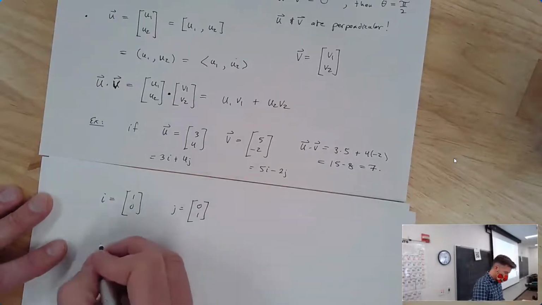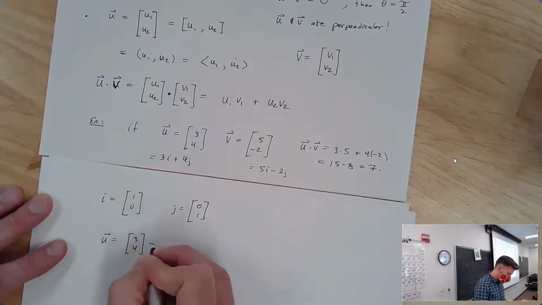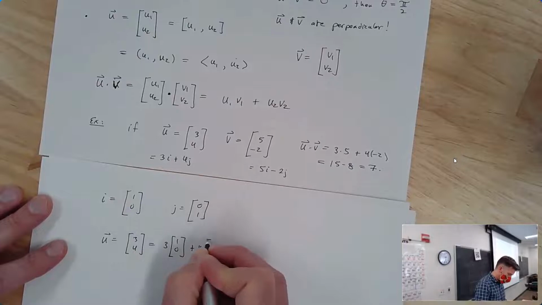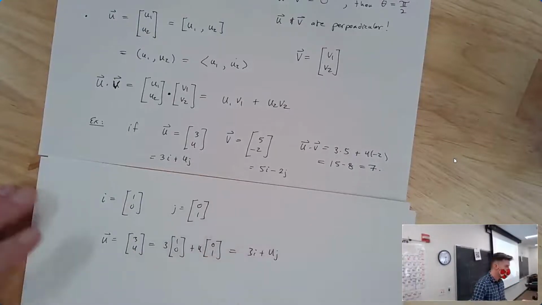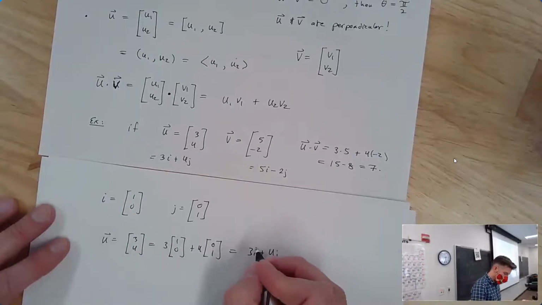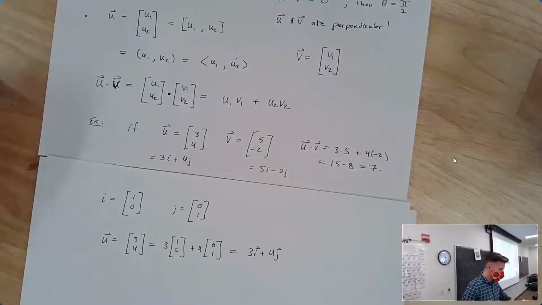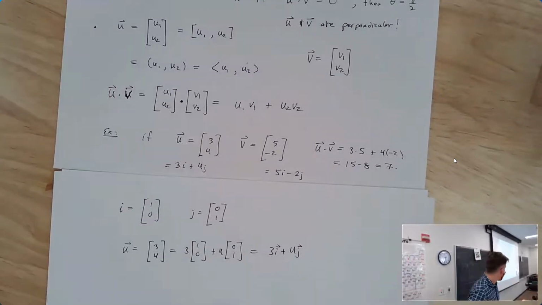And so u being the vector 3, 4 is really just 3 times 1, 0 plus 4 times 0, 1, which is 3i plus 4j. And sometimes people throw some arrows on top of those. Sometimes they don't. It doesn't really matter either way. So that's a pretty typical way of writing vectors as well.